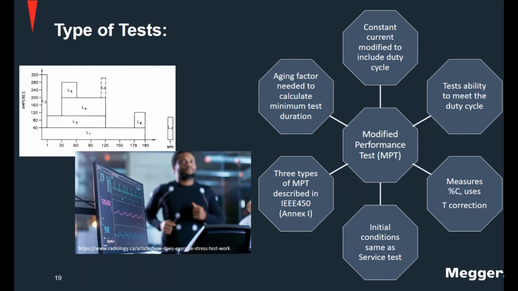Usually the standard value is 25% of aging at the end of the life of the battery, but it could be different, and you need that to calculate the minimum test duration of the battery. So it's probably not a common test.